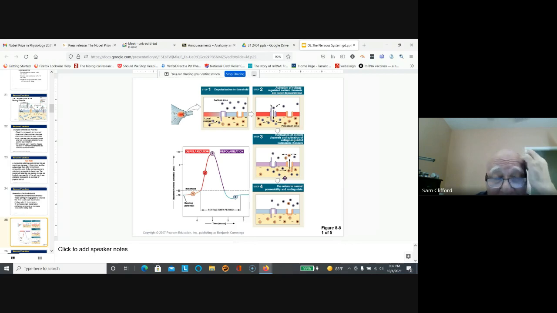As the positive charge leaves, that allows the inside of the cell to repolarize and to hyperpolarize, and it determines how quickly a nerve can respond to the next signal. So this action potential is a result of sodium moving in, potassium moving out, and it perpetuates itself, or it moves down the axon away from the cell body.